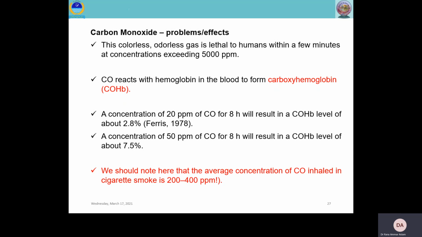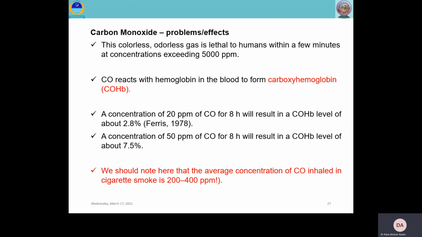A concentration of 50 ppm of carbon monoxide for 8 hours will result in a carboxyhemoglobin concentration of about 7.5%, right?